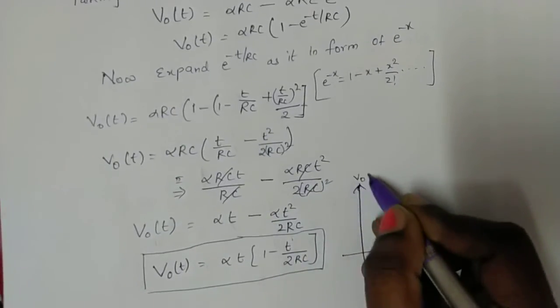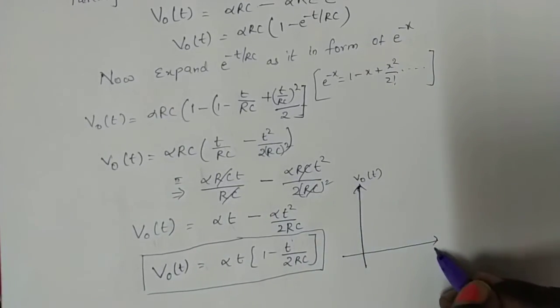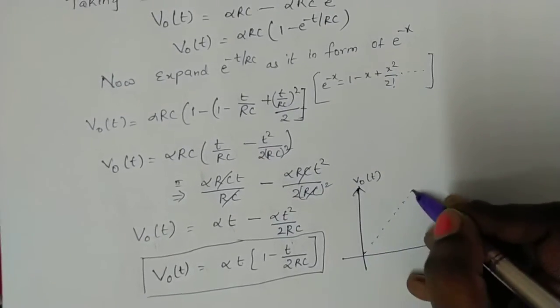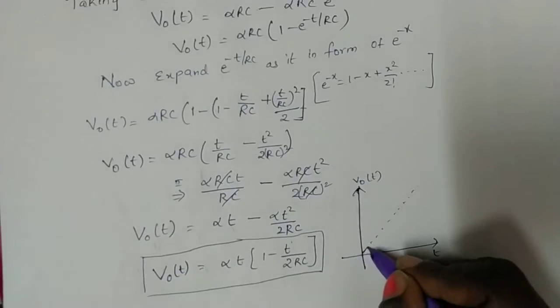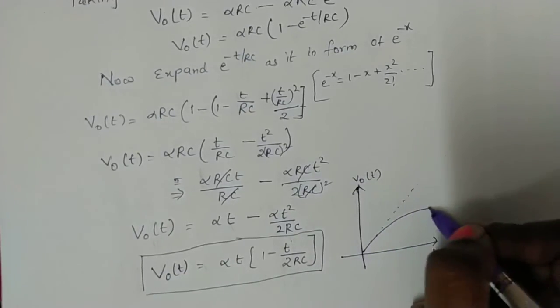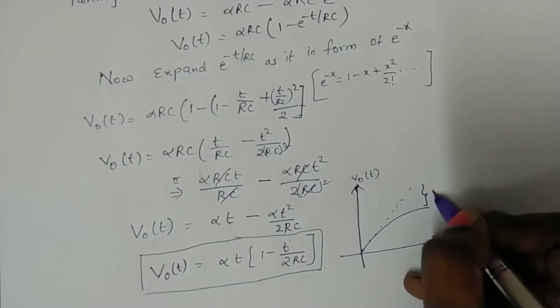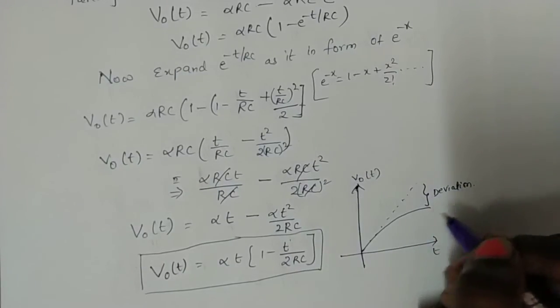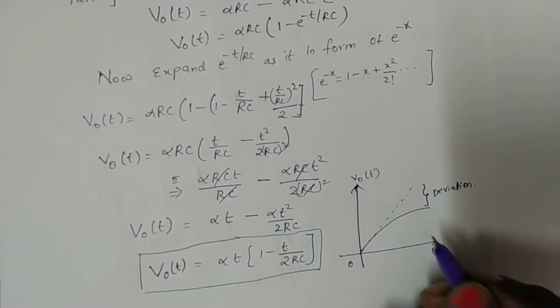The actual output should be linearly increasing, but it is not linearly increasing. There is a deviation. This is the output equation.